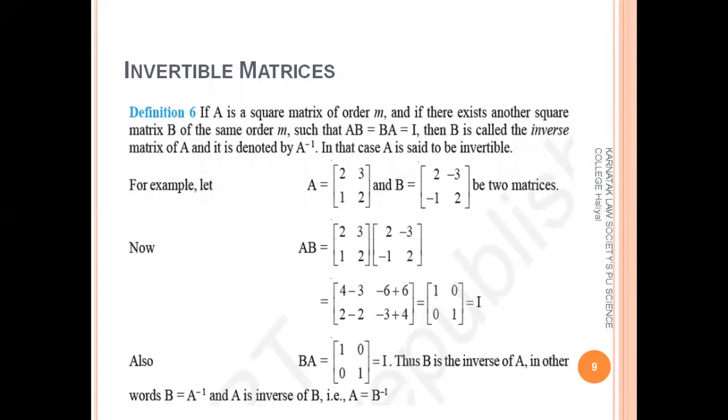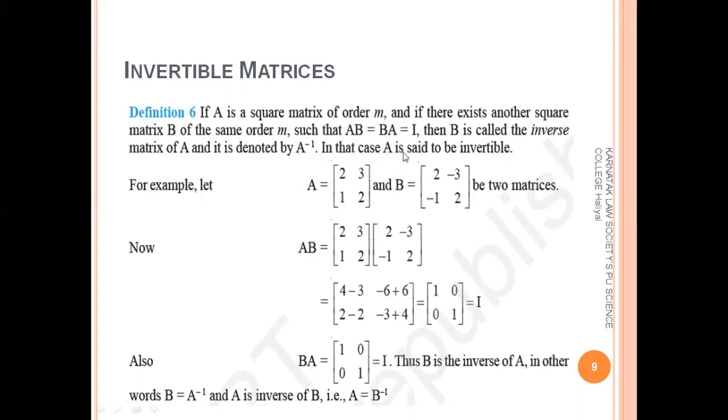Then B is called the inverse of matrix A, and it is denoted by A inverse. Whenever you study invertibility, remember this sentence: AB = BA = I.